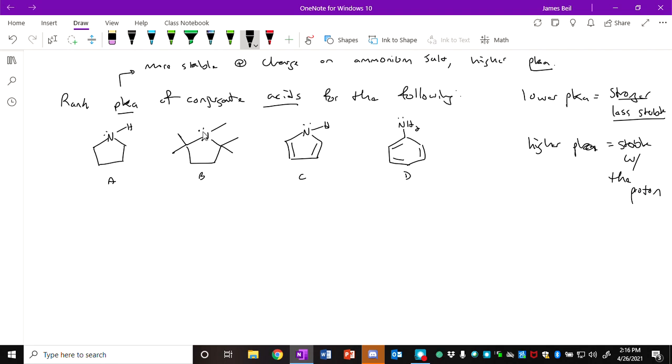So when I'm comparing compounds that are all neutral, it's hard to look at them and say, well, which is more stable? What we want to do here is to protonate each one of these nitrogens.